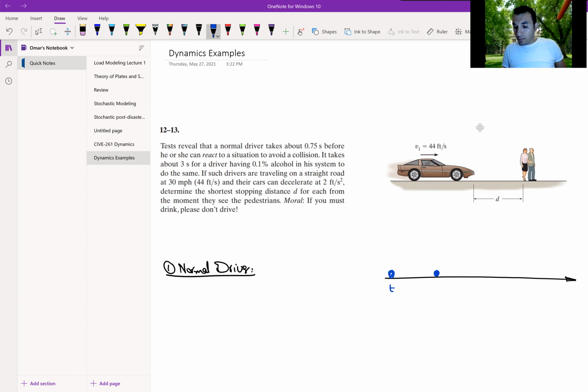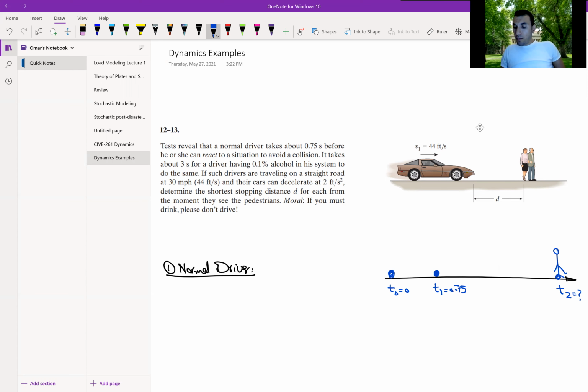Here's t0 equal 0 and t1 equal 0.75 seconds, to notice that there is a pedestrian at this location. And we don't know t2.